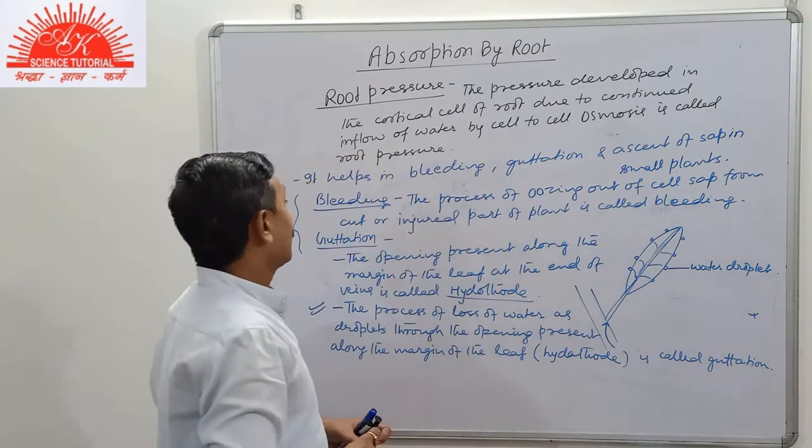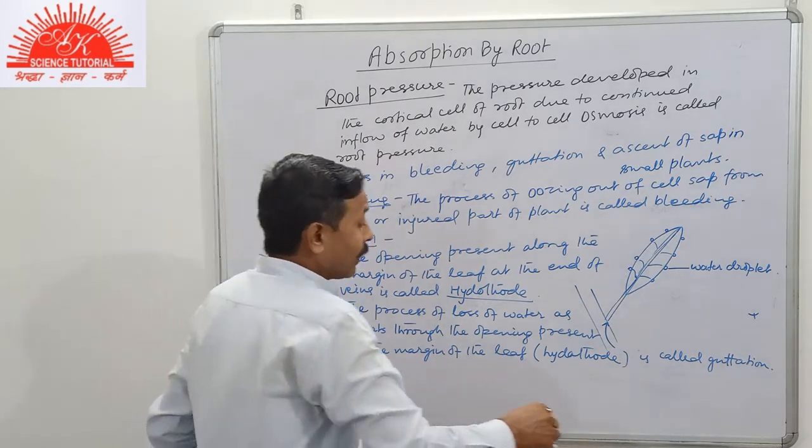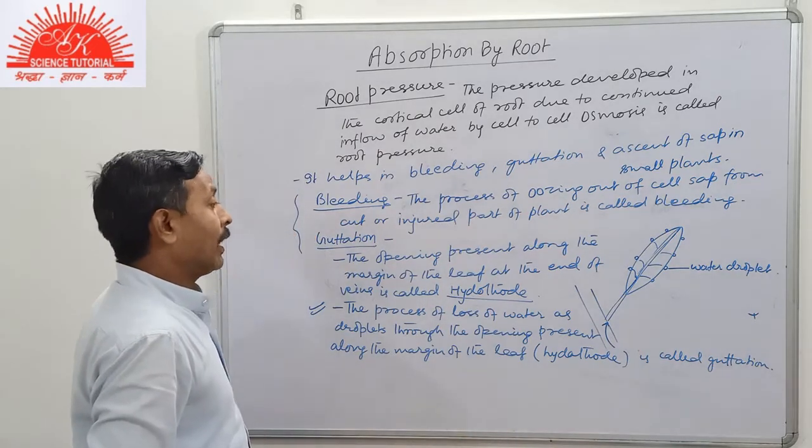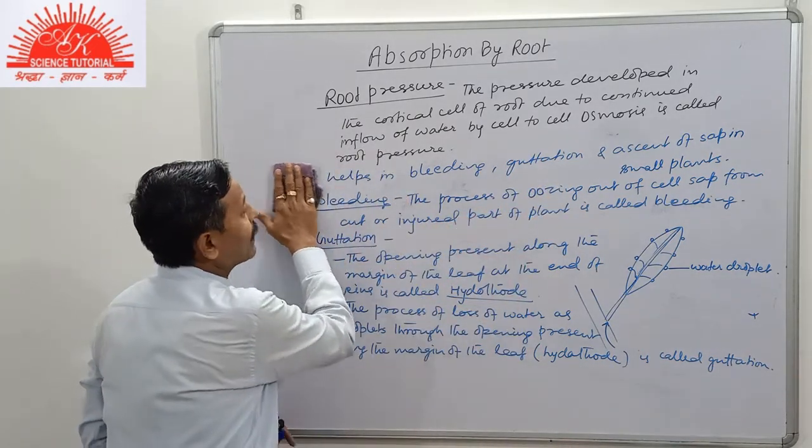So root pressure helps mainly in these two phenomena, bleeding and guttation, and it also helps in the ascent of sap.